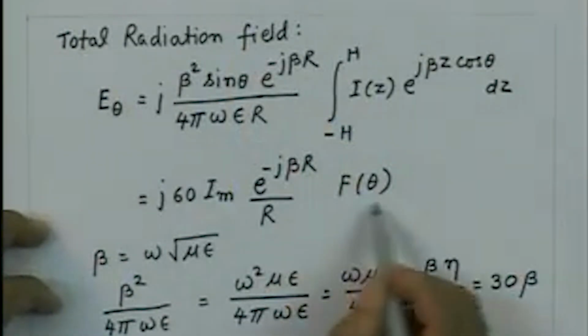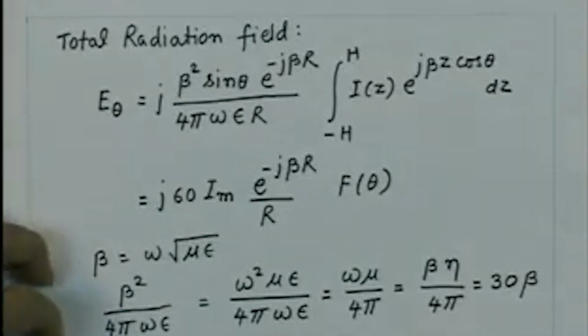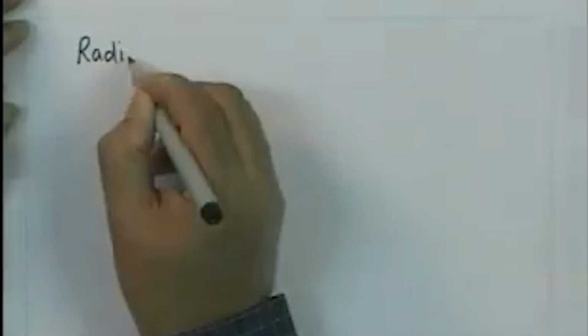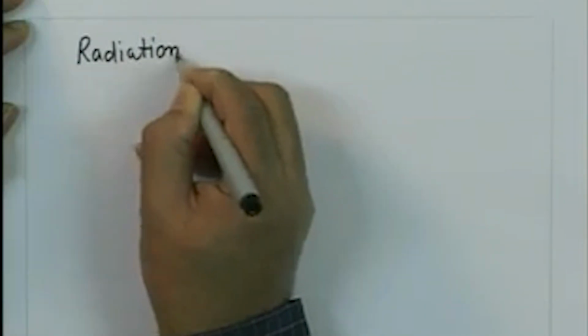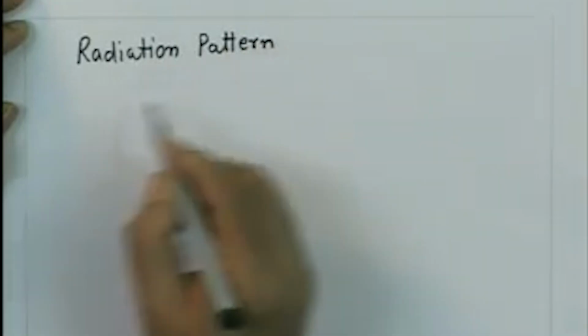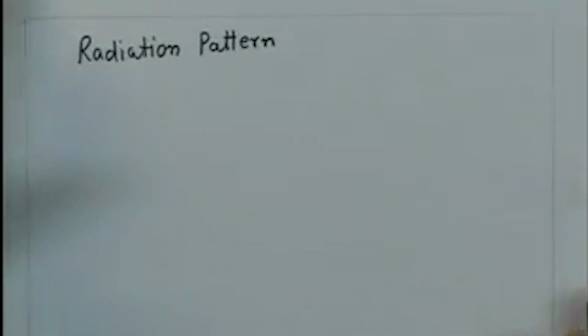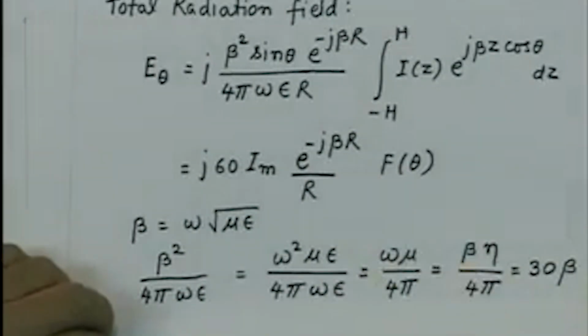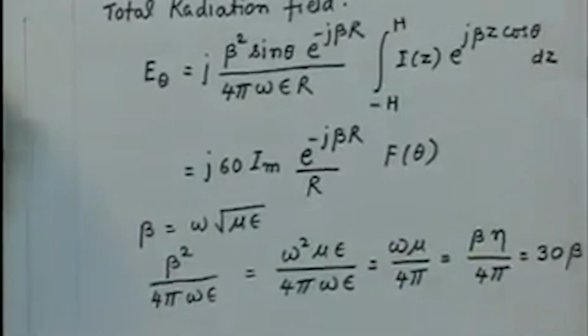However, we are more interested in this quantity, what is called the radiation pattern, and this one, when we solve this integral, so we get what is called radiation pattern, and as we have mentioned, the radiation pattern is a normalized quantity. So, this total constant does not really matter, we want only relative variation of the field amplitude as a function of angle.